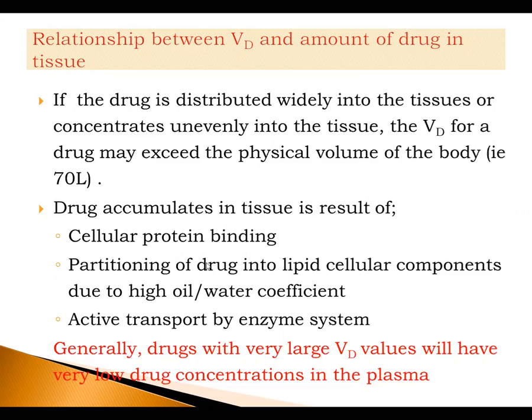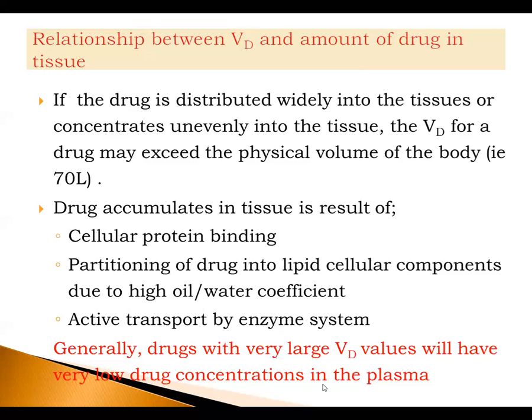It would not have gone and bonded to the tissue proteins or the lipid components, or been transported across, but it would have got metabolized by the enzyme system. The drug getting metabolized means the normal chemical structure of the drug would have changed. So whatever concentration we measure is of the original drug molecule; we are not actually measuring the metabolite.